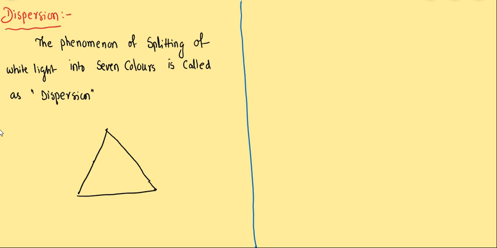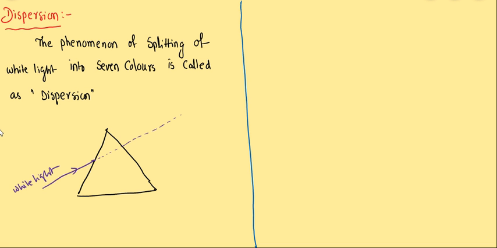For example, this is the white light. When white light is incident here, if there is no prism, it will go in a straight line like this.